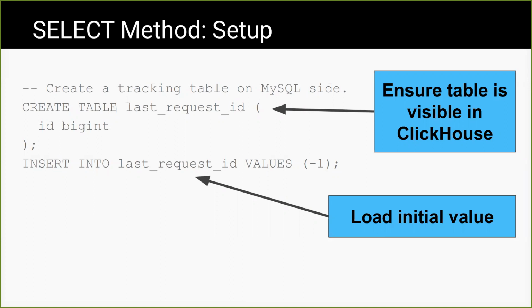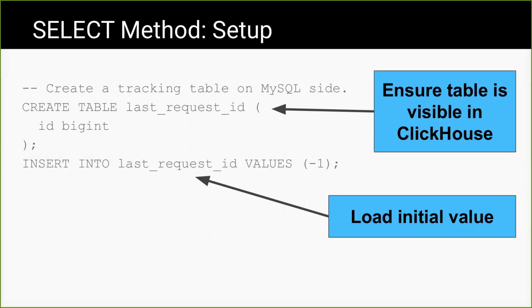This is relatively straightforward to do, provided your table has a key that has some value that is monotonically increasing, which you can use to track progress in the table. In the case of the traffic table, we have a field called request ID, and that is incremented by 1 every time we get a new request. So if you have something like that, or if you have a timestamp that you can trust, you can use that to select data and bring it across.